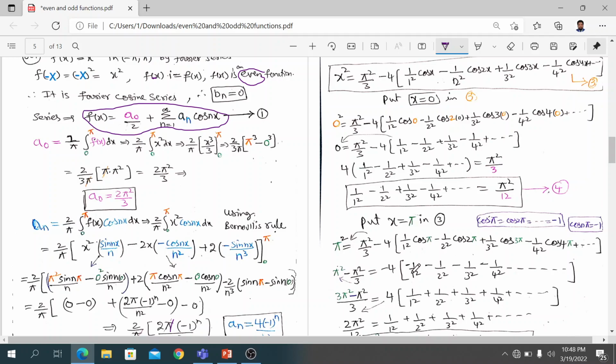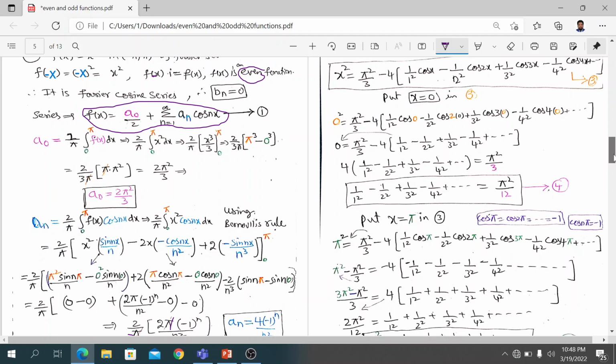So minus 1 by 1 square minus 1 by 2 square cos 2 pi is 1, cos 3 pi is minus 1, cos 4 pi is 1. Alternate plus or minus. So all here become minus. So take out minus common, minus into minus plus 4 into 1 by 1 square plus 1 by 2 square plus 1 by 3 square up to so on.